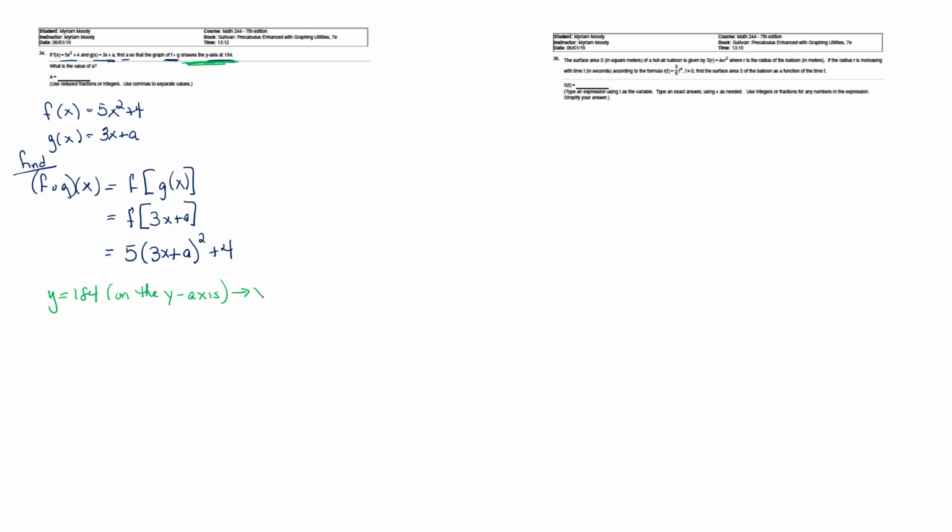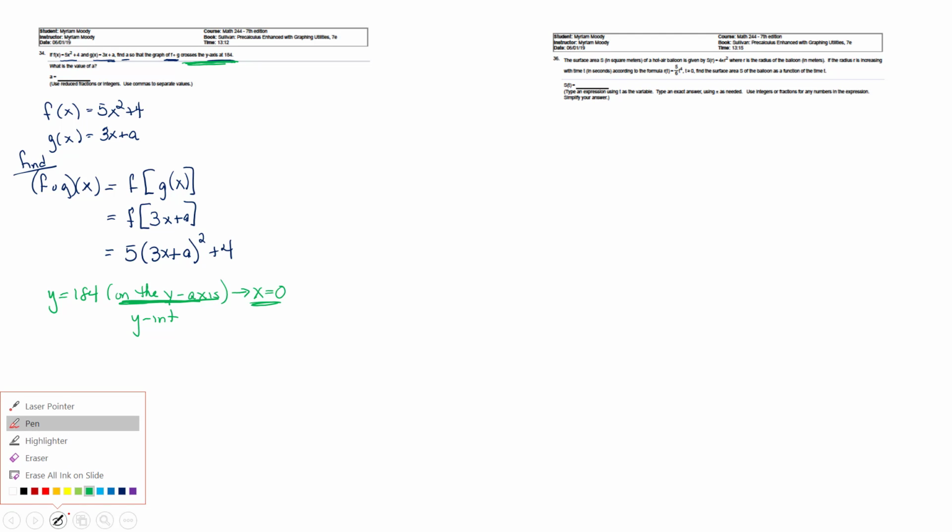That means x must be equal to 0. Since it's on the y-axis, this is the y-intercept. And if 184 is the y-intercept, then x doesn't have a choice. X must be equal to 0.